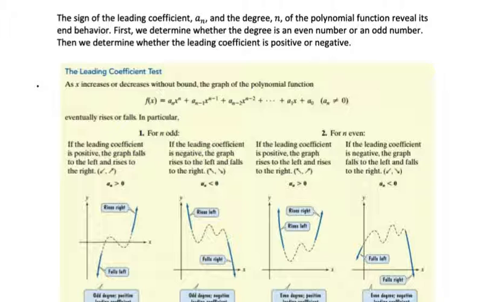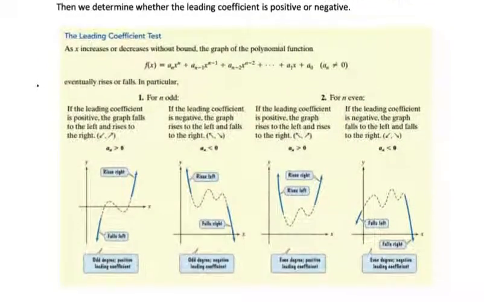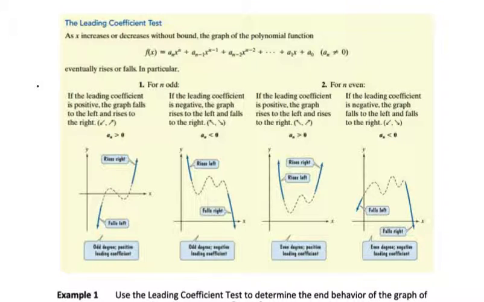For degree, we determine whether it's an even number or an odd number. For leading coefficient, we're going to use whether it is positive or negative. There are 4 possible choices for what the graph could look like, and this is called the leading coefficient test.